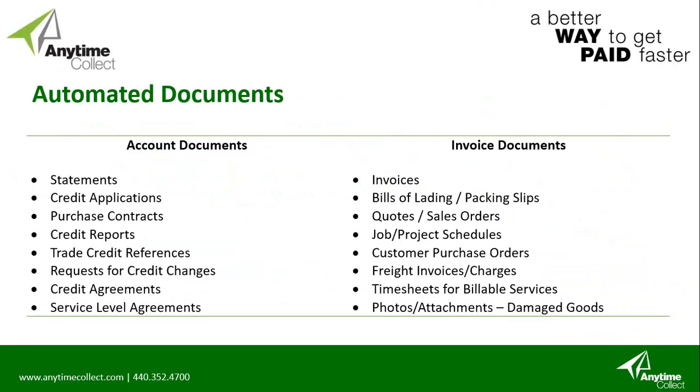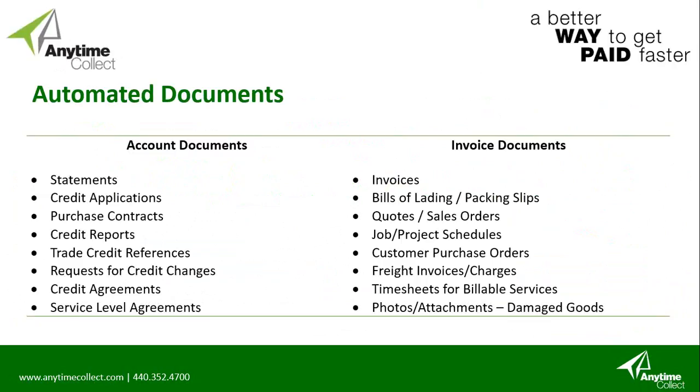And then over on the right, we have different types of documents that are related specifically to invoices. You have the invoice itself, and then you have different types of supporting documents, things like maybe a bill of lading or a packing slip, quotes, sales orders, jobs, project schedules, or different information around the jobs or projects if you happen to be in professional services or construction.